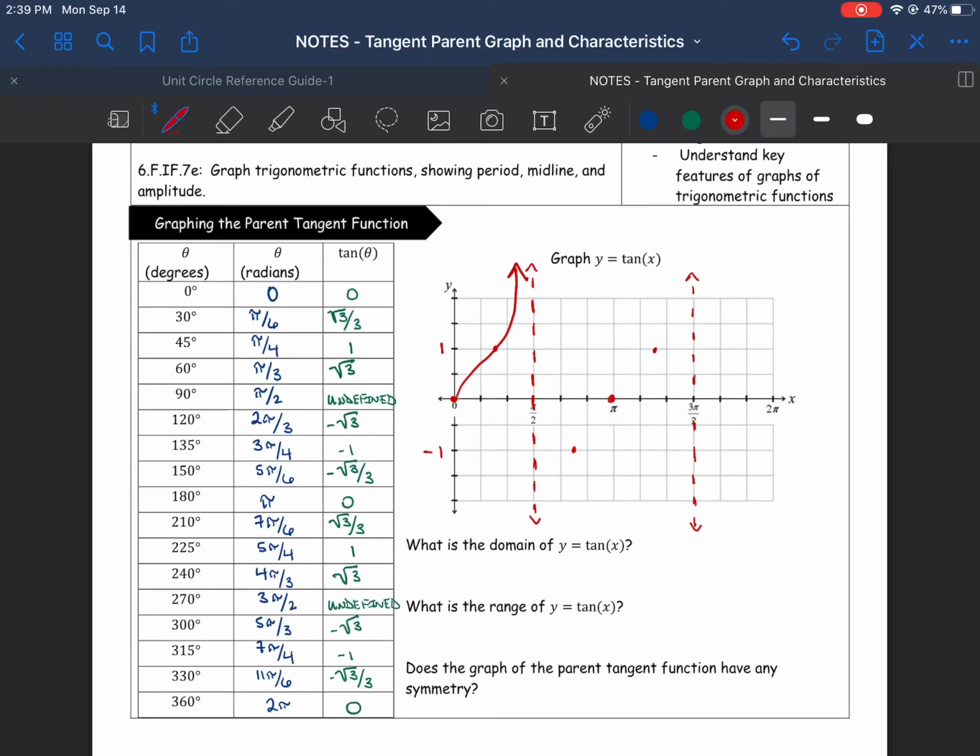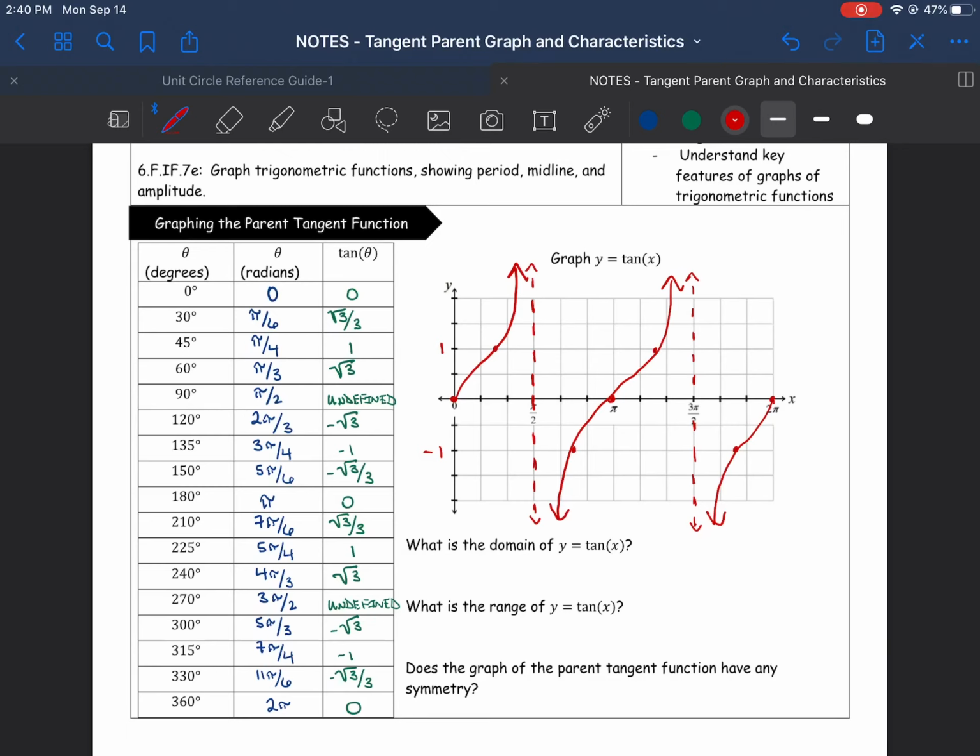Let's try that again. It looks a little something like that. And then we'd also have 7 pi over 4 comma negative 1, so that would be about right here, and that part of the function would look like that. So tangent is very different looking from sine and cosine.